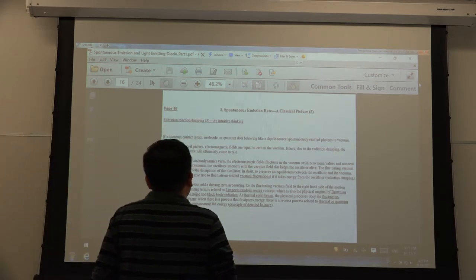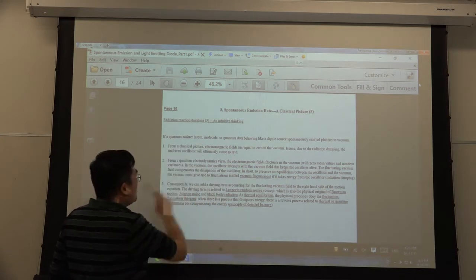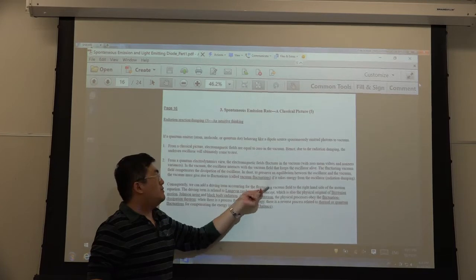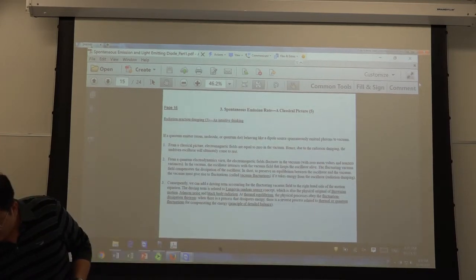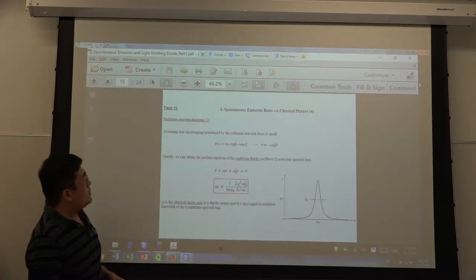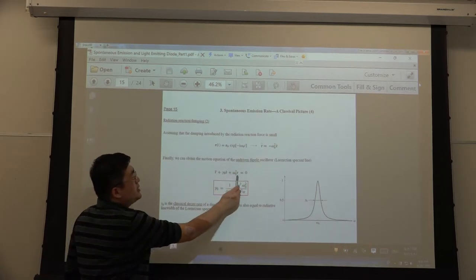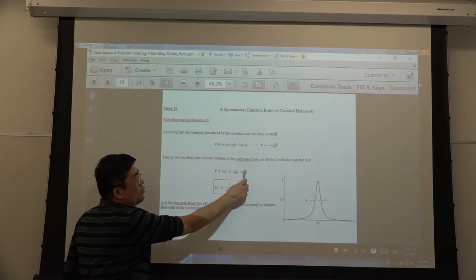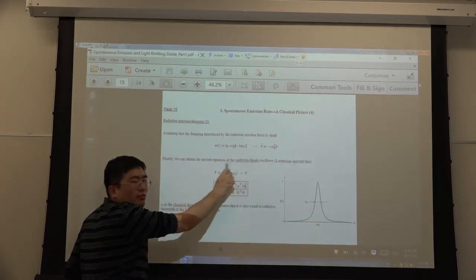So consequently, we can add a driven term according to this fluctuation field. In this equation, this is Kx, this is oscillatory, this is decay, with no driven term. I can add some driven term to balance them.